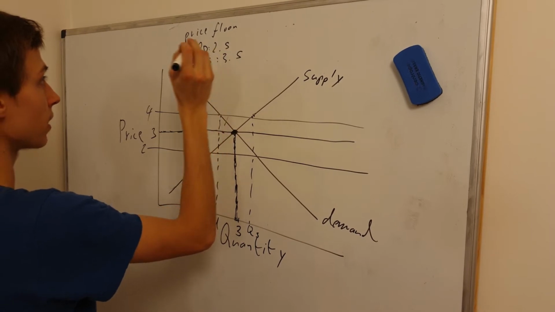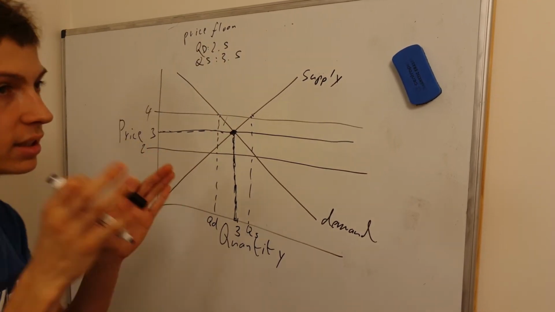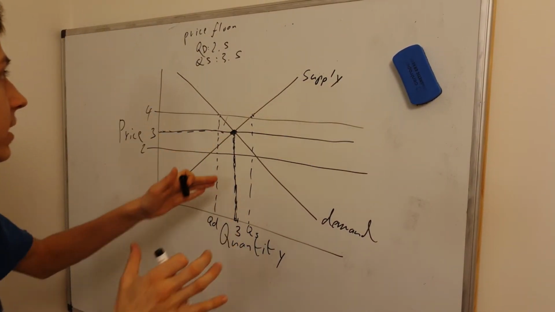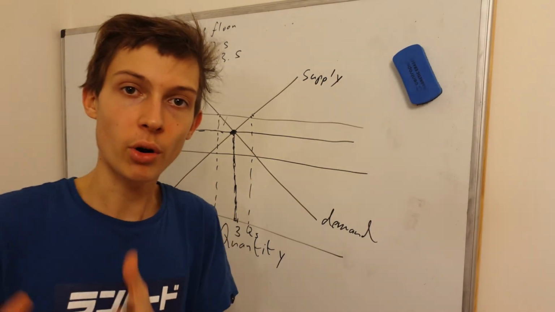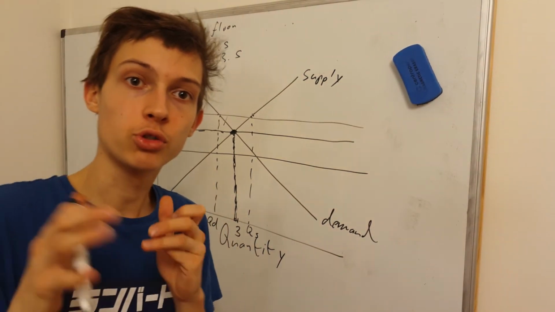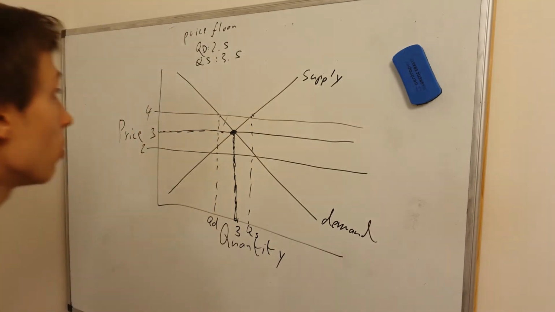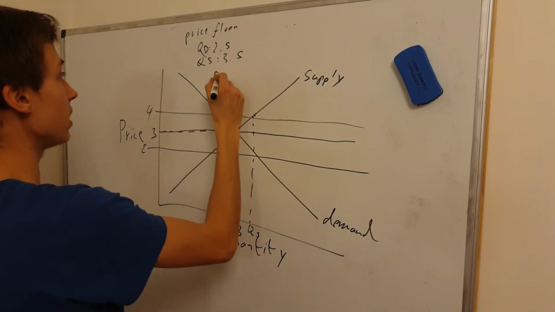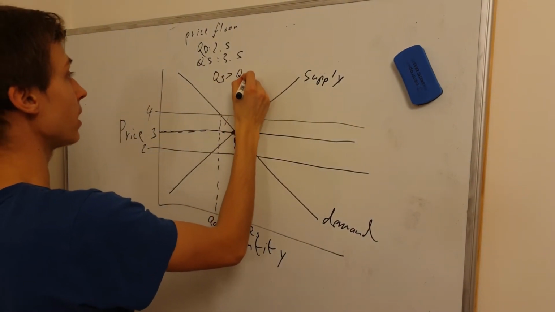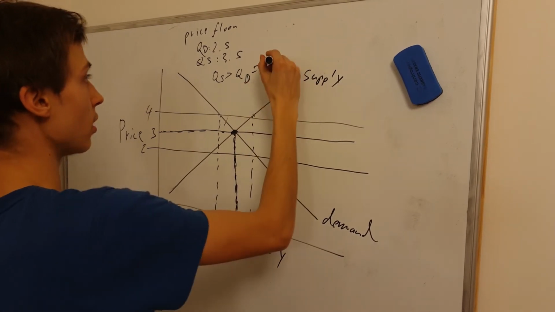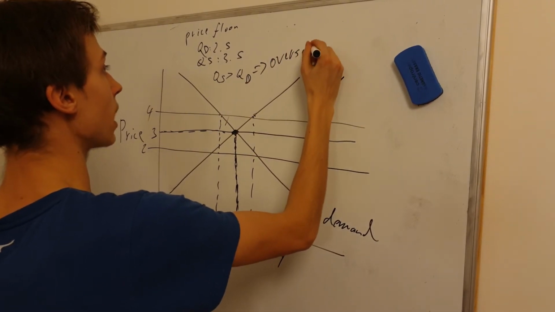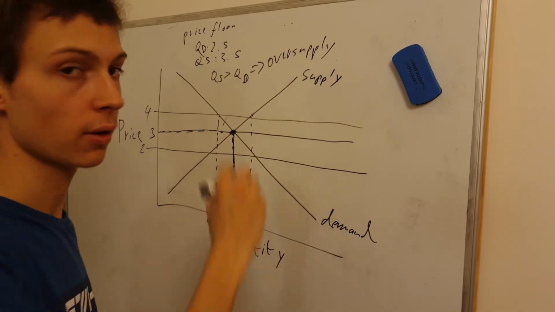Okay, so what does this mean? Quantity supplied exceeds the quantity demanded. That means more is supplied by the producers than the consumers are willing to buy. And so, because quantity supplied exceeds quantity demanded, we have oversupply. Okay, so this is our first important thing of the video.